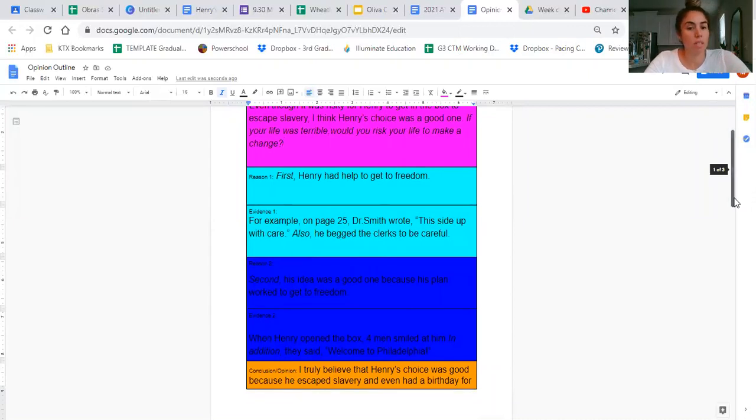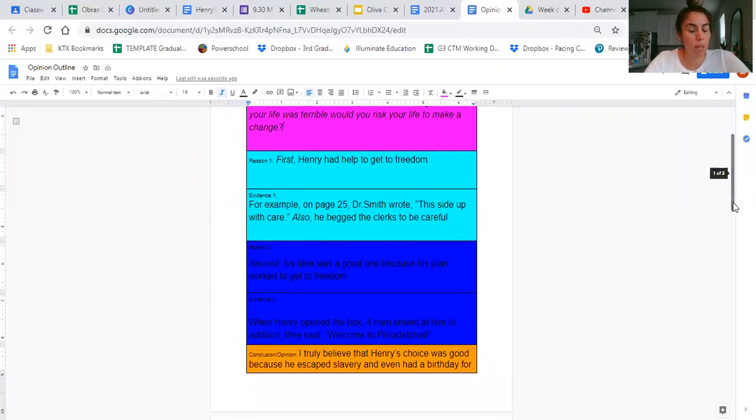Second, his idea was a good one because his plan worked to get to freedom. When Henry opened the box, 4 men smiled at him. In addition, they said, "Welcome to Philadelphia." Oh yeah, and I remember it was 4 white men that were greeting this previous slave.